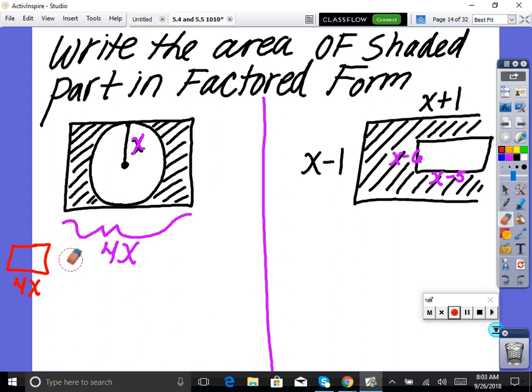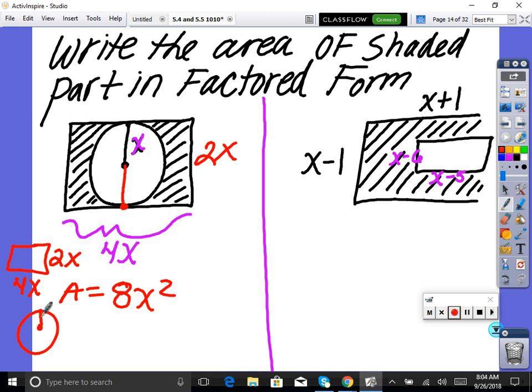So what are you saying, Emma? What would this length be? It'd be 2x. Yes, you're right, 2x. Okay, good. So length times width, our area is 8x squared. Okay, good.